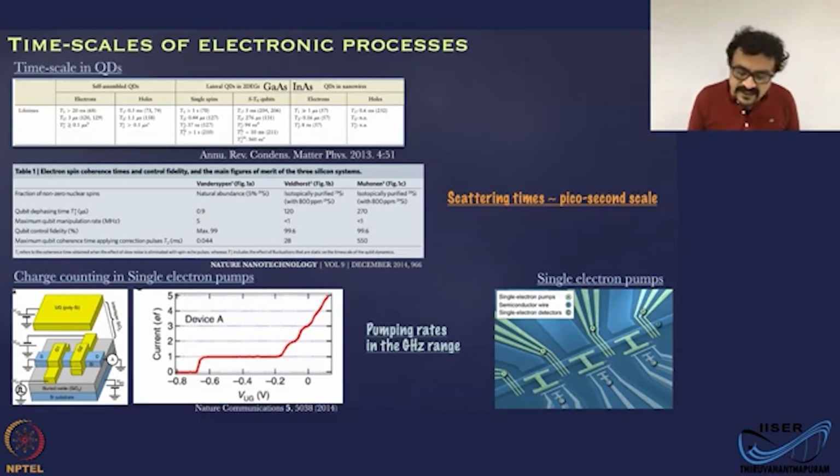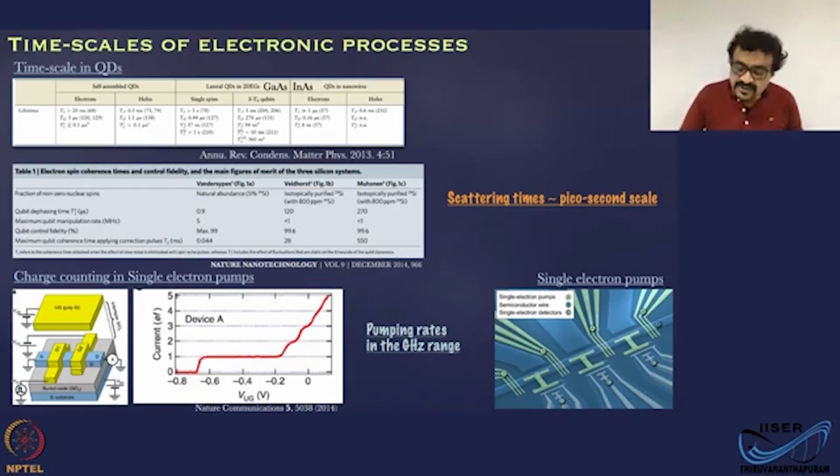The latest development in this field is that people have started realizing gated quantum dot devices which can pump electrons at gigahertz rate, which is nanosecond or faster time scale. But you also need many single electron detectors placed in the same circuit where you are going to pump, and at the same time you also need to detect the motion of these electrons through the circuit at the same rate.